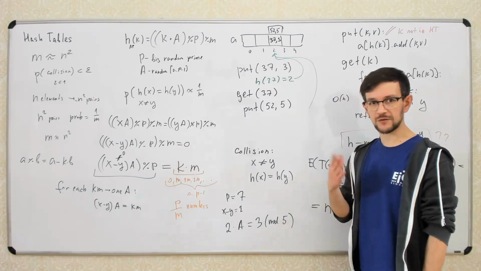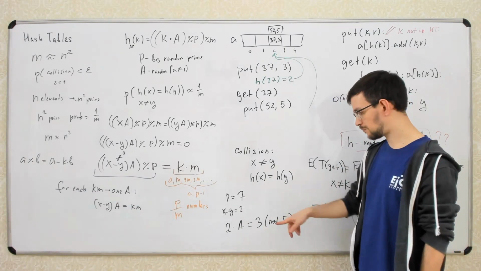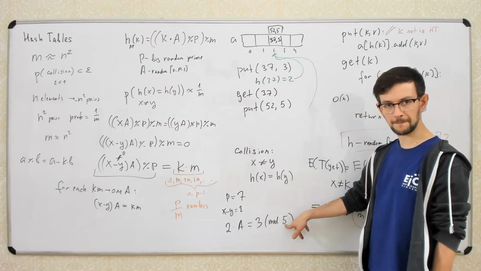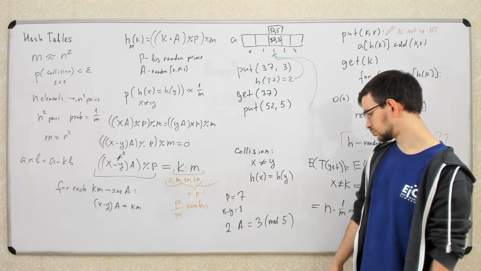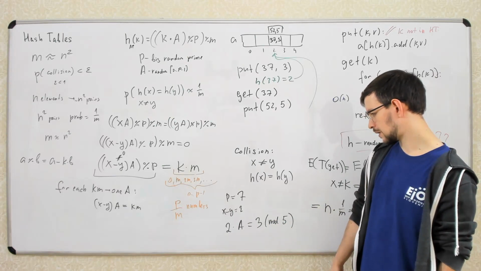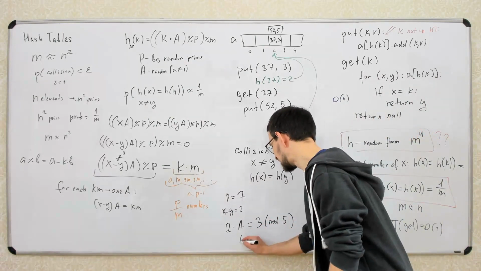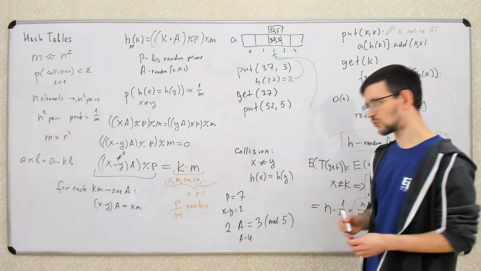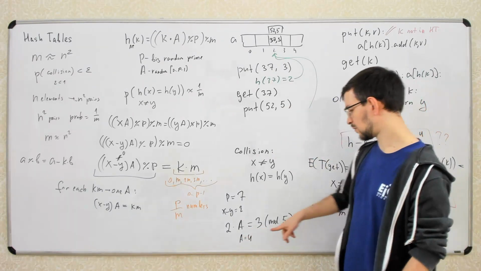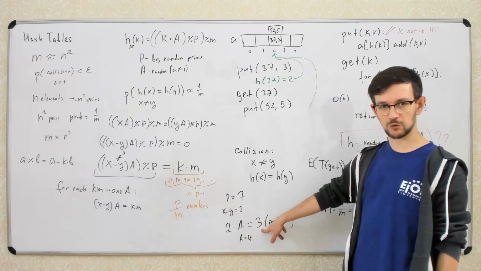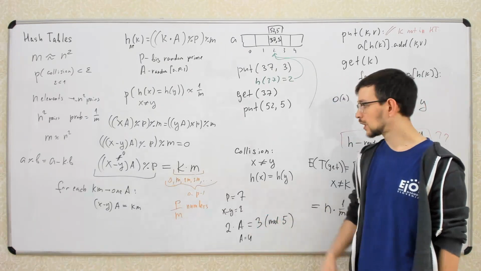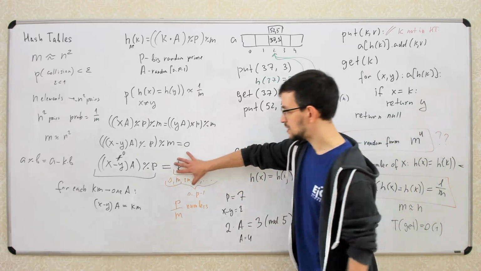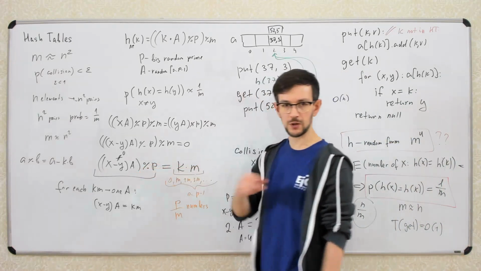Equations like this always have a unique solution because this number is prime. In this case, a equal to 4 is the only number which you can multiply by 2 and get 3 modulo 5. It will be 8 modulo 5, which is 3, right? So for each number here, you have only one possible number a.